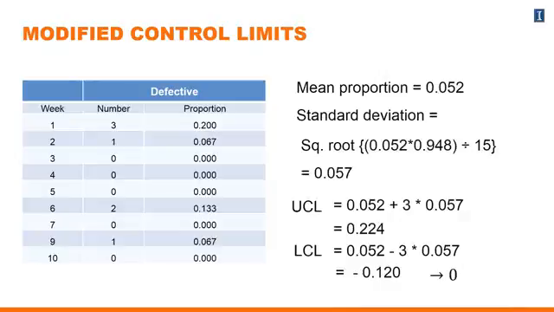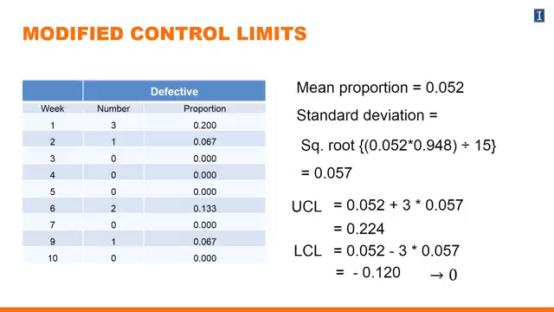You come up with a new mean proportion, which is going to be based on now, what was it? We had 12 defects earlier. We took out the one that had 5, so we have 7 defects out of a total of now 135. So 7 out of 135 gives us a mean proportion of 0.052, and then you get the standard deviation based on that, and then you get the upper and the lower control limits based on that.